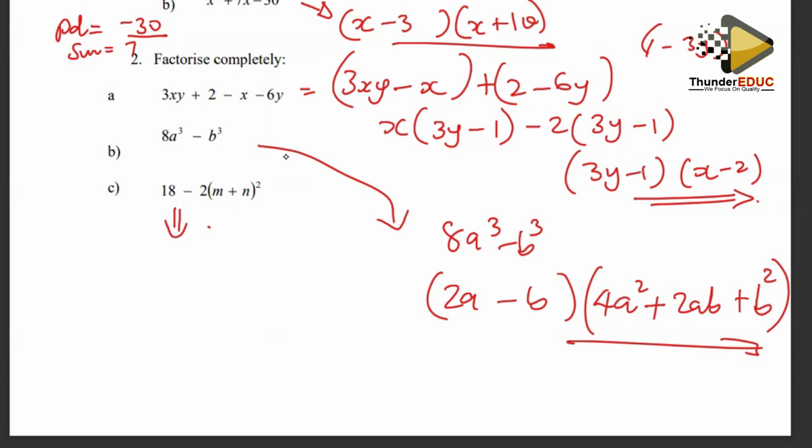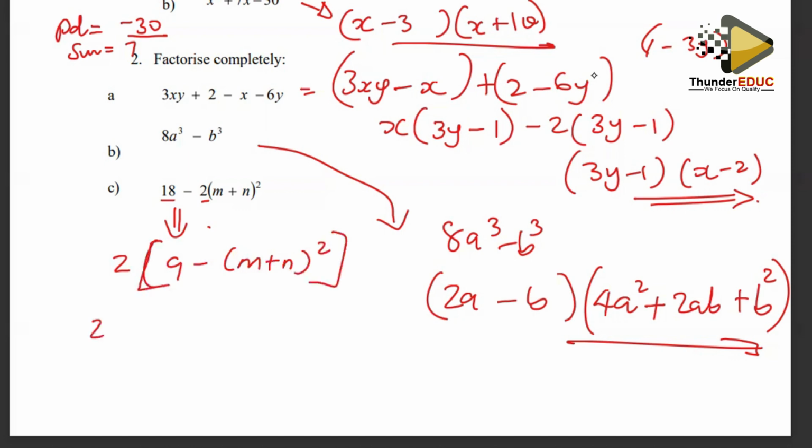And then here, with part C, what we're seeing is something unique, and it is very common, where different methods of factorization are combined, just like the previous questions we saw, that there is a change of sign, and then there's also taking out something that's common. Okay, so in this case, I'm seeing something common. This is 18, this is a 2. I need to take the 2 out if I can consider squares. So if 2 comes out, I have a 9 minus m plus n squared.